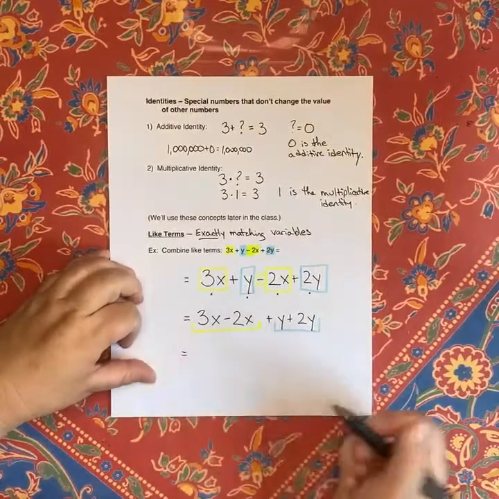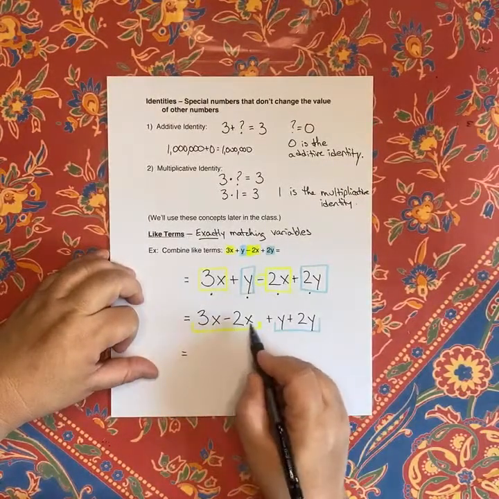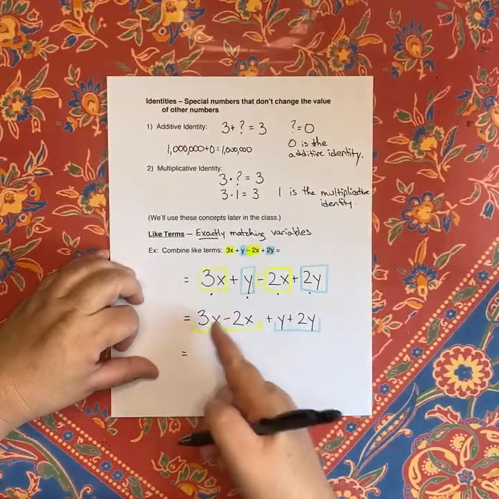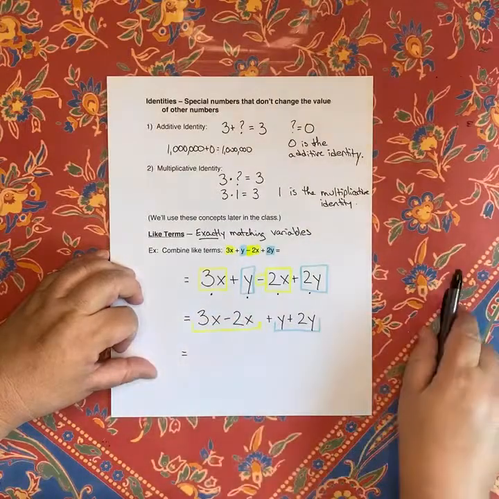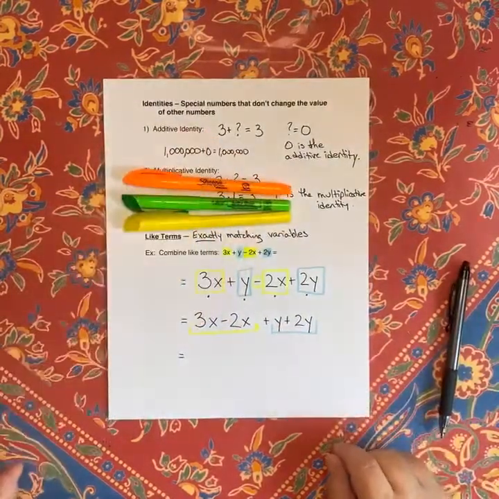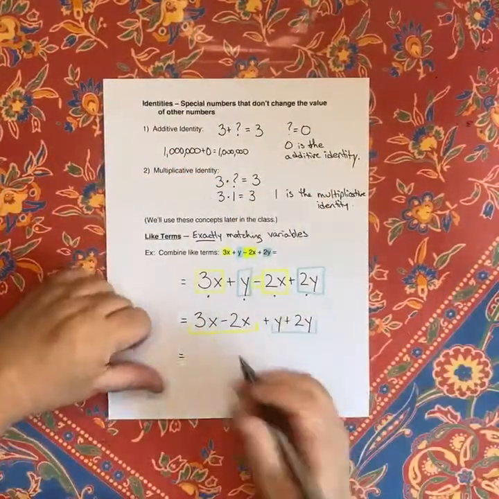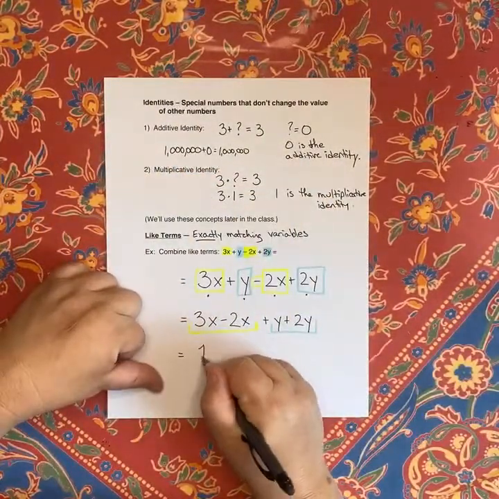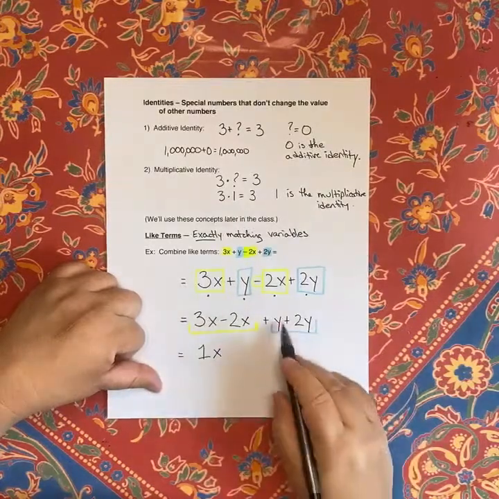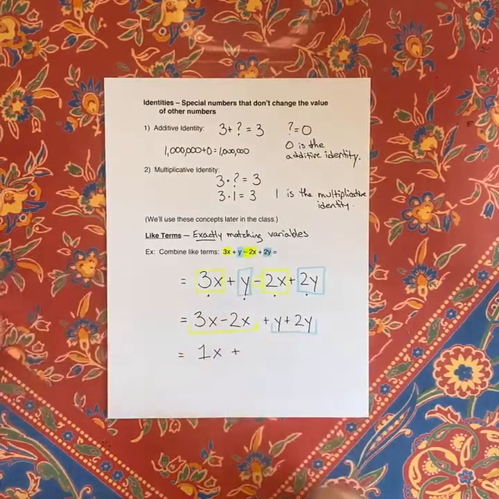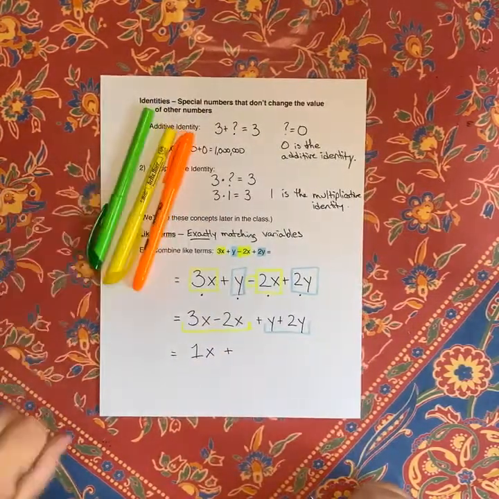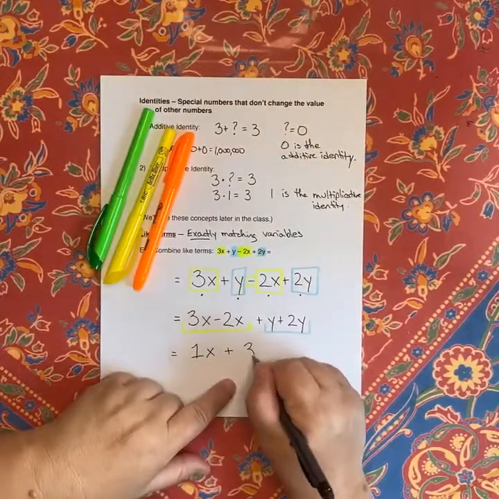Now I'm going to combine the x's, 3x minus 2x. 3 of something minus 2 of something: 3 pens, take away 2 pens is 1 pen. 3 x's minus 2 x's is 1x. And then y plus 2y, 1y plus 2 y's is 3 y's.